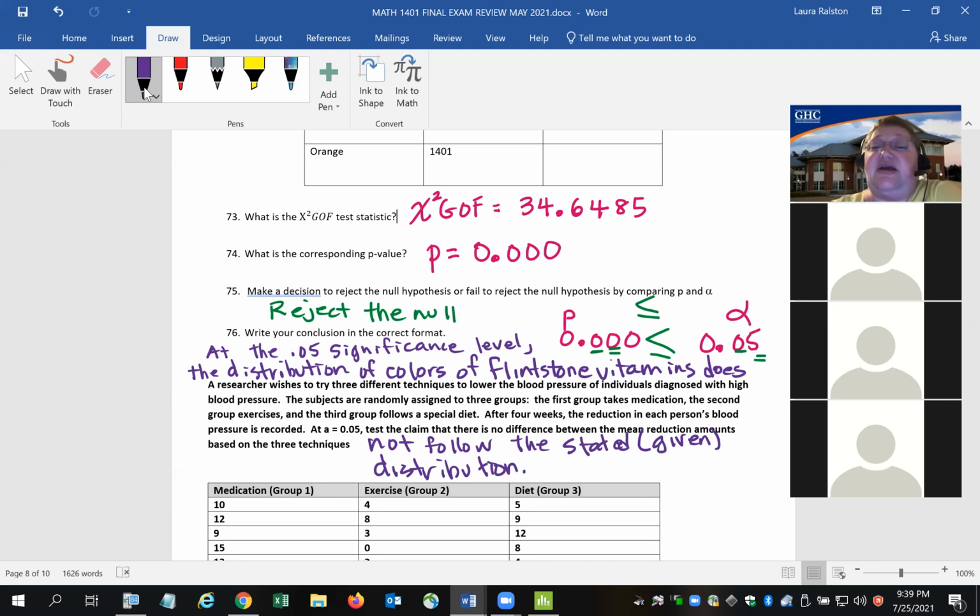Again, there's lots of different ways to word it, but you basically got to end up saying that it doesn't follow it, because that's what we've proved.